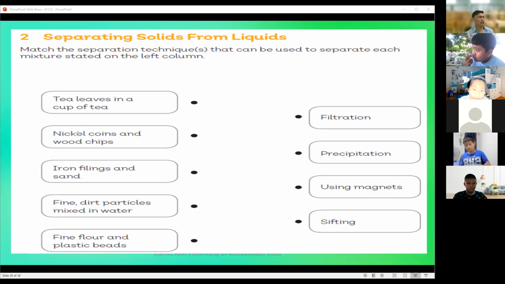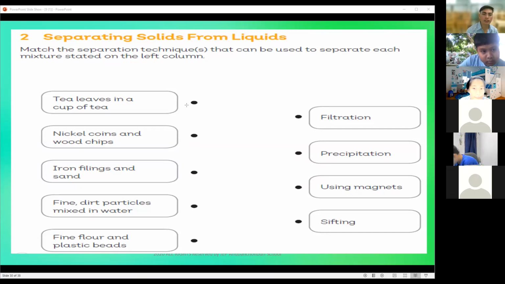What did we study last time? We studied filtration, sifting, using magnets, and today we studied precipitation. Let's ask all to unmute, and you are going to answer here.